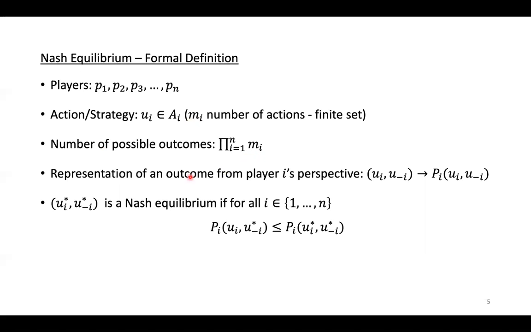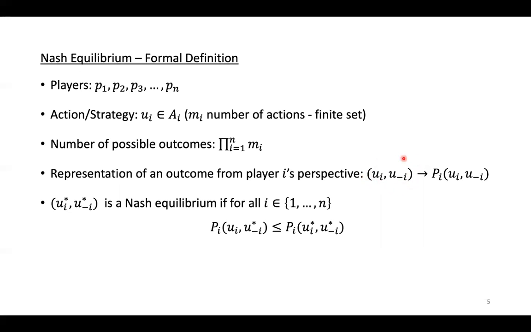Now with this kind of scenario, I can define what is called the payoff function, given a possible outcome represented from player i's perspective. What I mean is that ui is the action of player i, and u minus i is the tuple containing the actions of all other players except player i. So this is essentially the tuple containing the actions of all n players, looked at from player i's perspective.